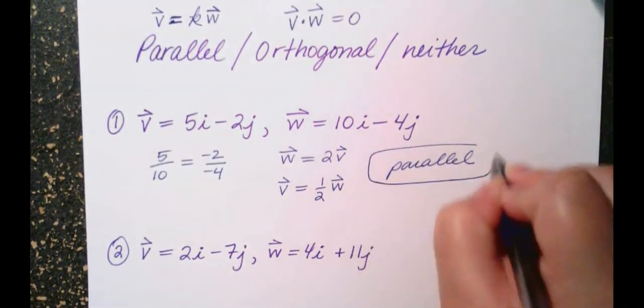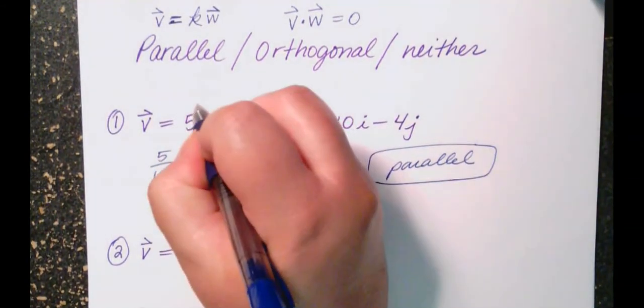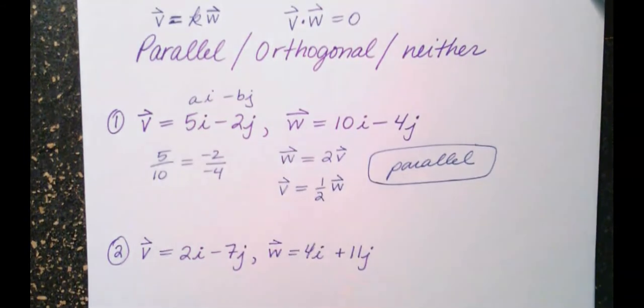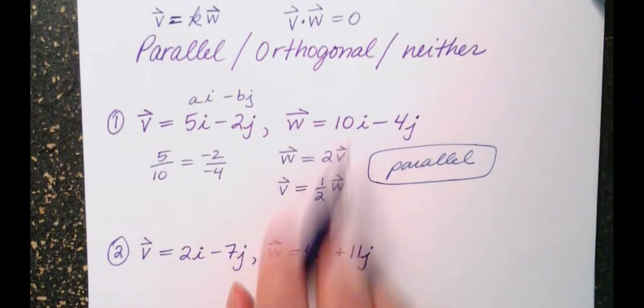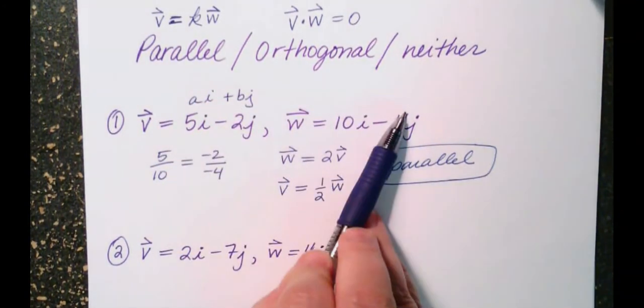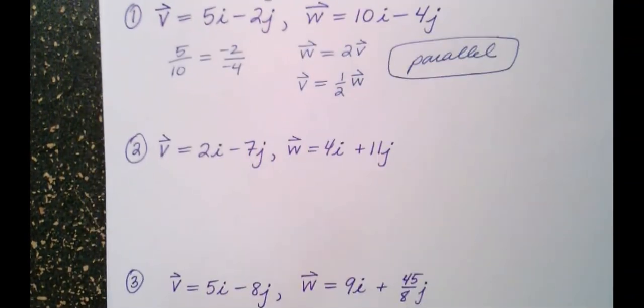Because whatever you multiply your coefficients of i by, remember this is like ai minus bj, whatever you multiply this a by to get this a, you would have to do the same thing with b to get this b. All right, so let's look at this one.